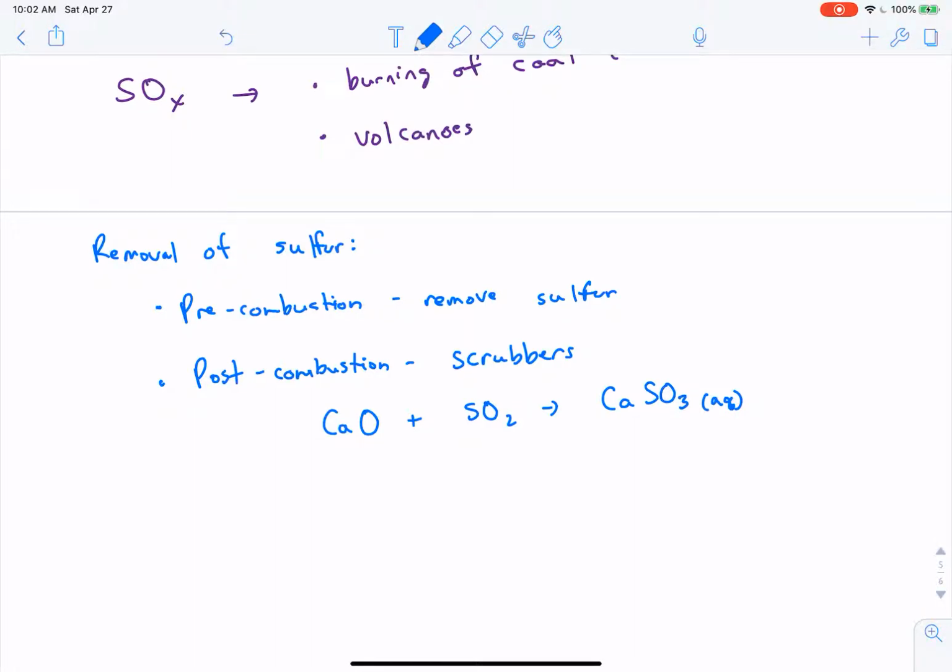What they do is spray the exhaust gas, once you burn the coal, with a calcium oxide solution, and then that bonds to the SO2, precipitates into solution, and you can collect that and try to recycle it. I think you can take that sulfite and convert it into sulfuric acid.